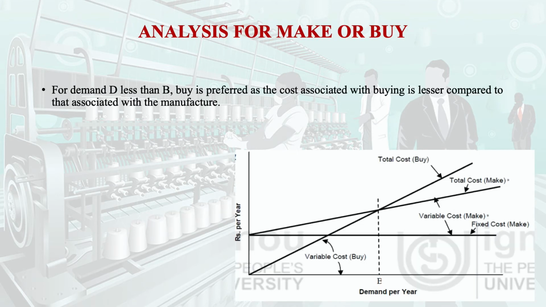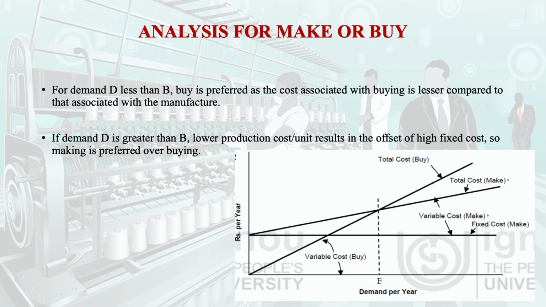Now if we analyze the two situations and look at the graph on your right, you will find that the line originating from the origin is for buying the product, while the line originating at a certain point on the y-axis shows the decision for making the product.